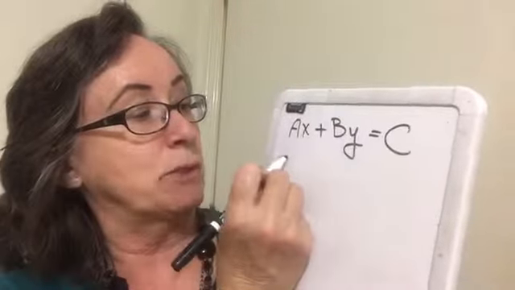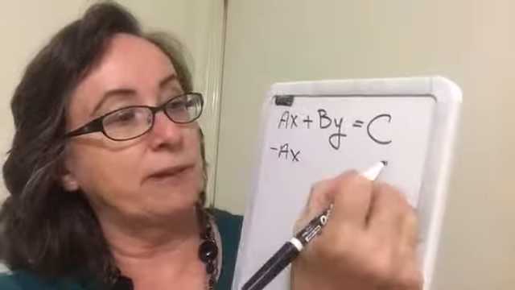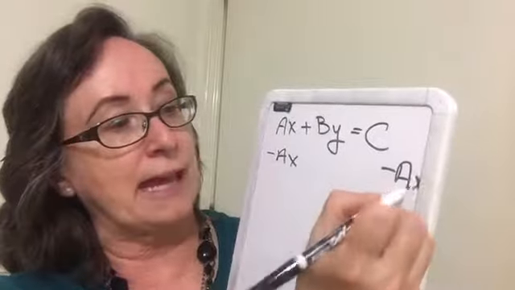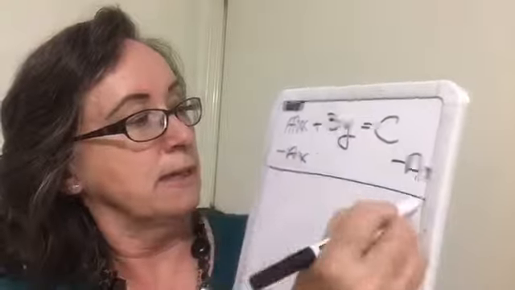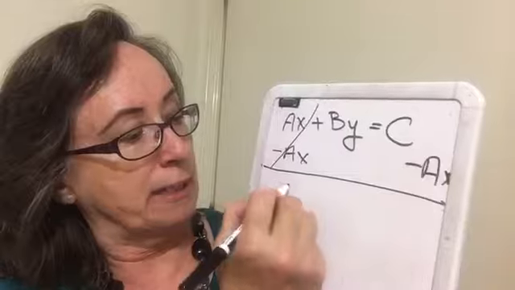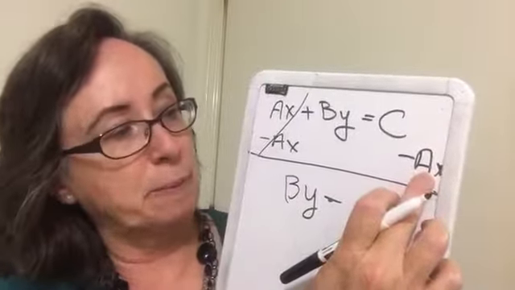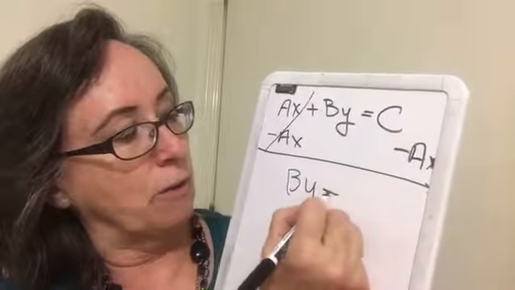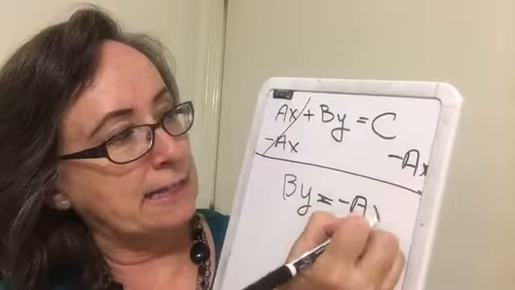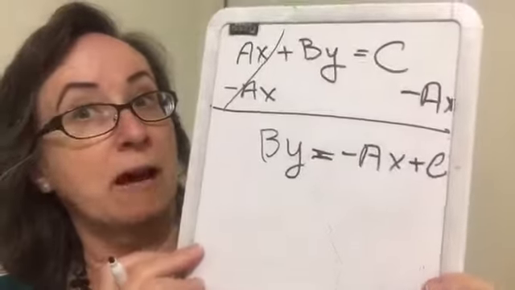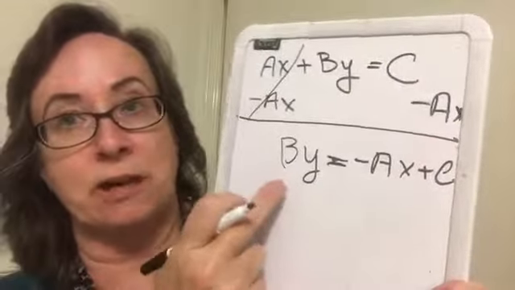So I'm going to subtract the ax from both sides. So now this is going to go out. I'm going to get by equals, and I'm going to put the x value first, so -ax plus c. So now slope-intercept form has just a y.